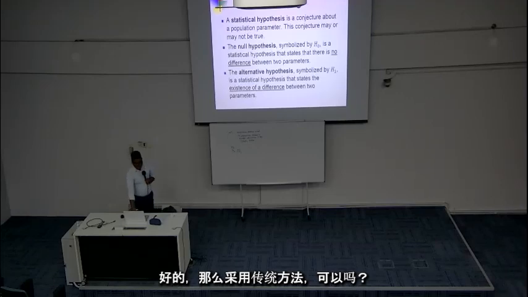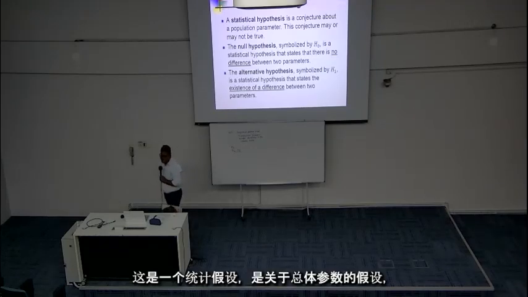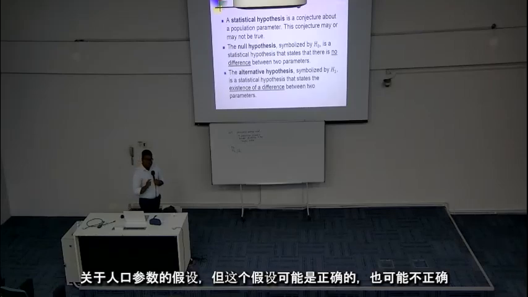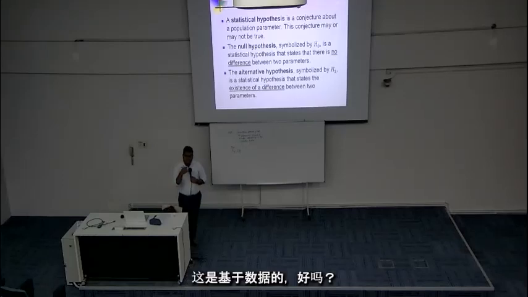All right, so this is hypothesis testing for the traditional method. A statistical hypothesis is an assumption about the population parameter, but this assumption may or may not be true. So how are we going to make a conclusion about the population? It is based on the data.